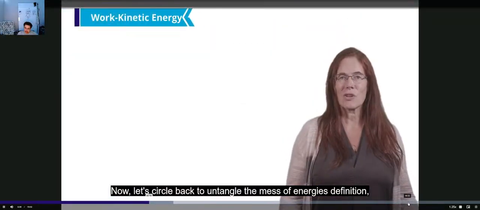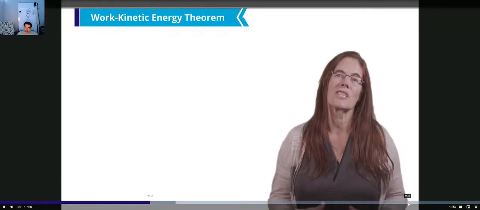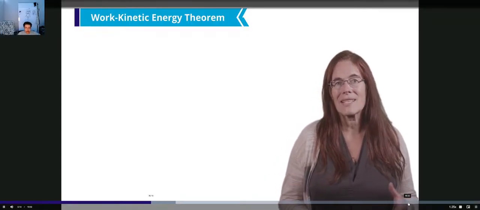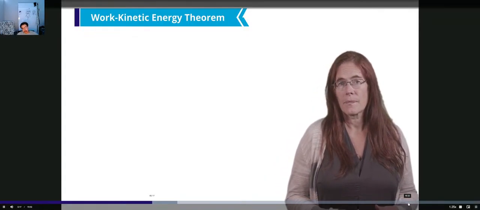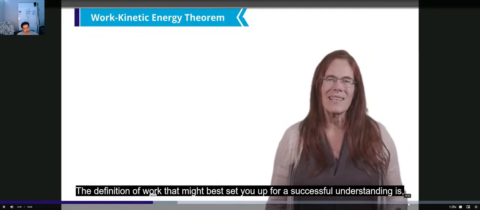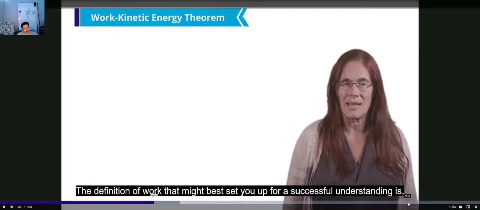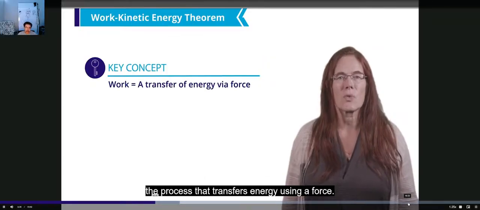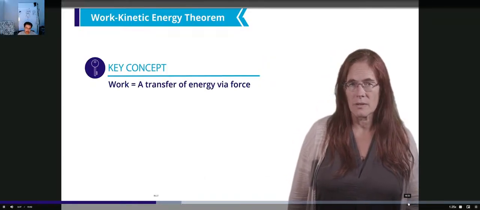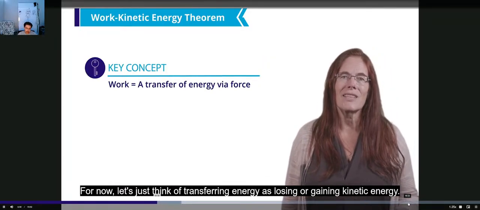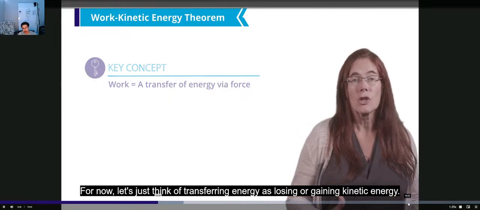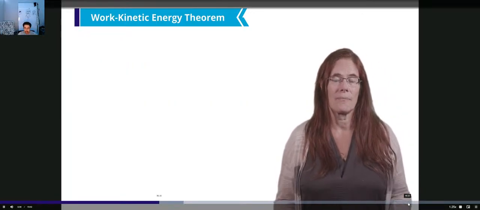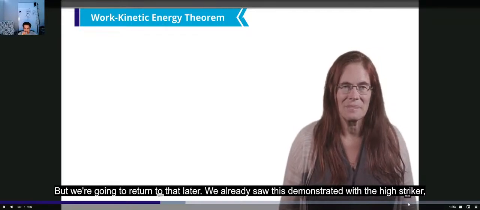Now, let's circle back to untangle the mess of energy's definition and the way it's intertwined with work. The definition of work that might best set you up for a successful understanding is the process that transfers energy using a force. For now, let's just think of transferring energy as losing or gaining kinetic energy, but we're going to return to that later.